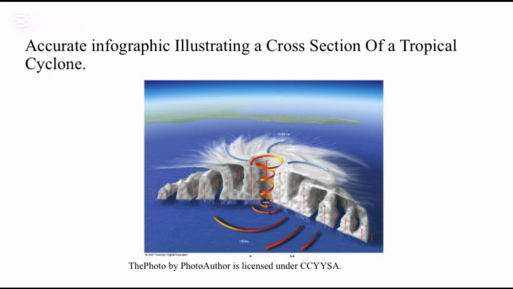Then inside the eye, there's that strong subsiding air which blocks the warm air from rising, forcing it to rise behind the eye walls, which results in the formation of cumulonimbus clouds that result in unstable weather conditions, heavy rainfall, strong winds, etc. So yeah, also do not forget to indicate the air movement below there. I hope you understand.